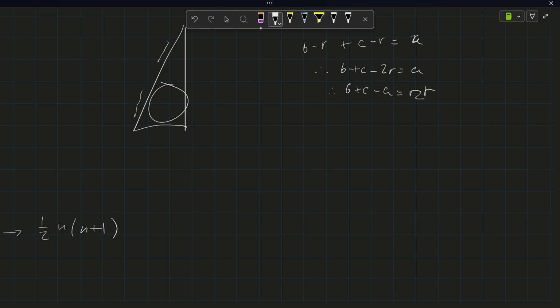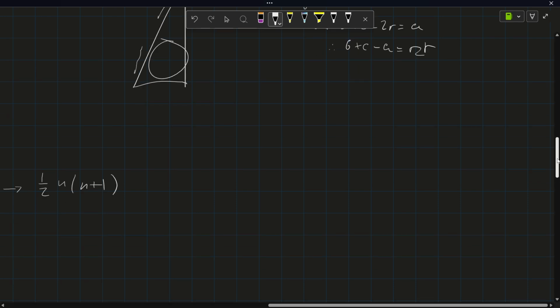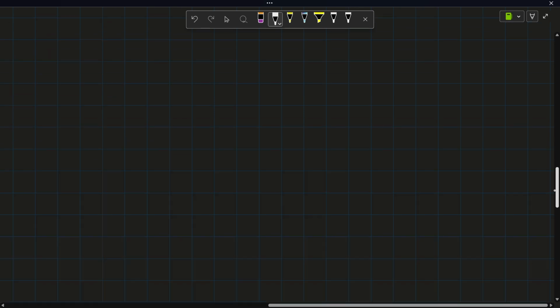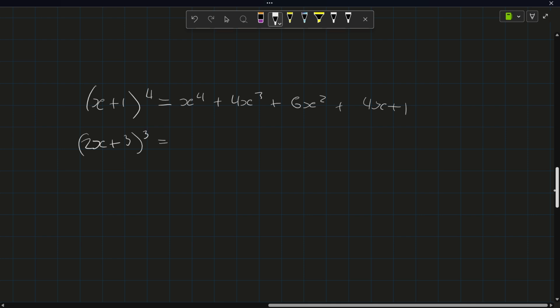Now, I can expand binomials. Oh my goodness, I've already messed up. x to the 4 plus x, 6 squared plus 4x plus 1. I do 8 cubes plus 24.